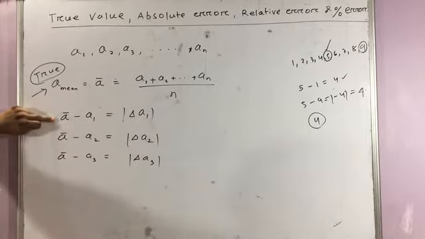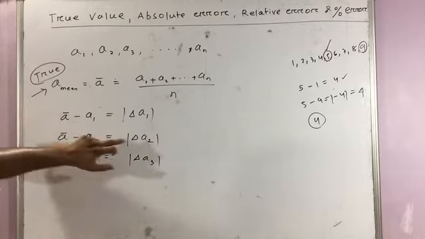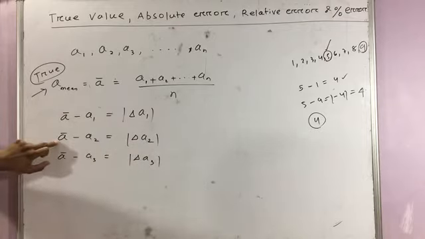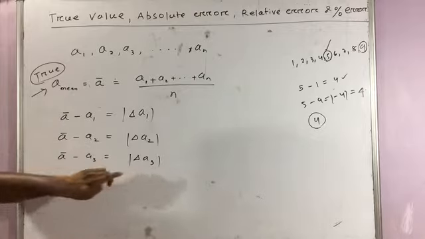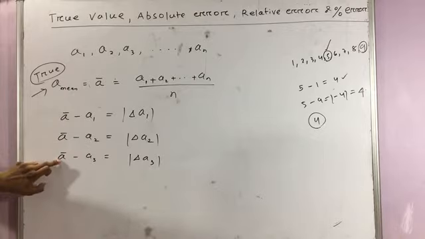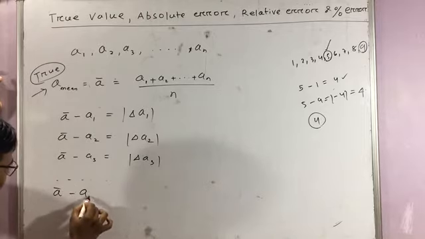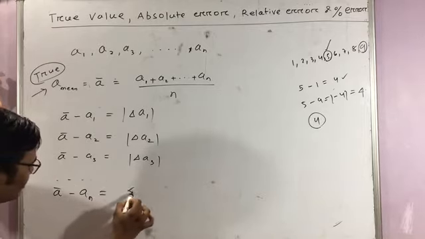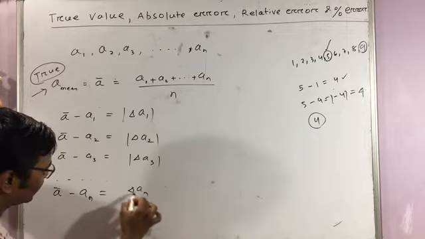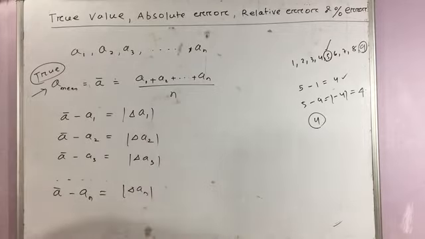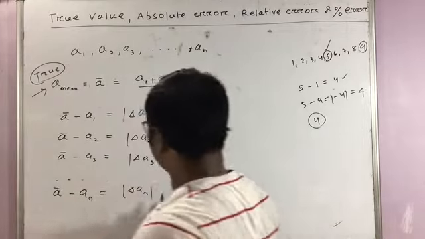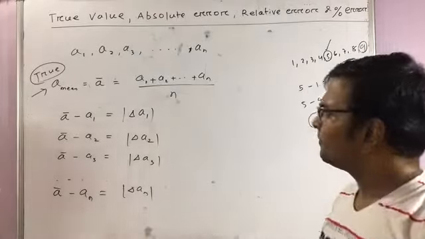Delta A1 is the absolute error in the first measurement, delta A2 is the absolute error in the second measurement, delta A3 mod will be your absolute error in the third measurement. Similarly, we can get A bar minus An to be your absolute error in the nth measurement. So all these are called your absolute errors.